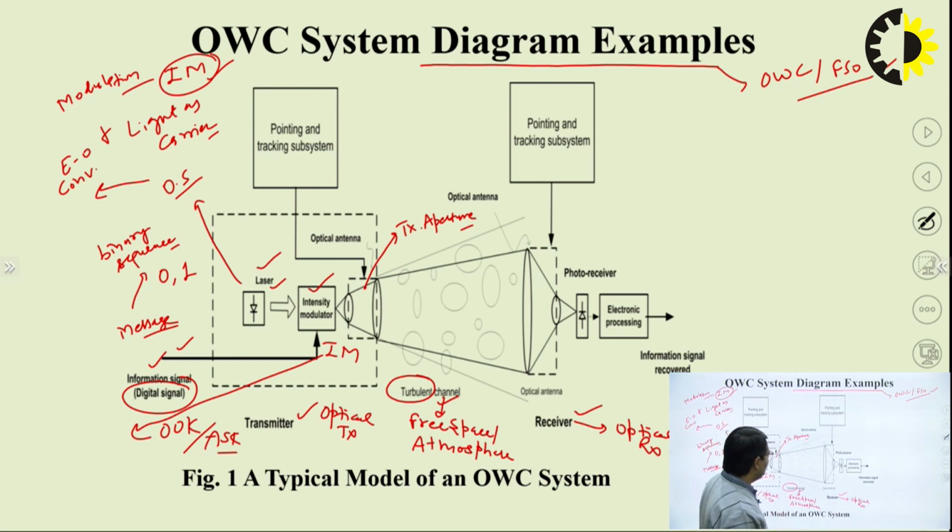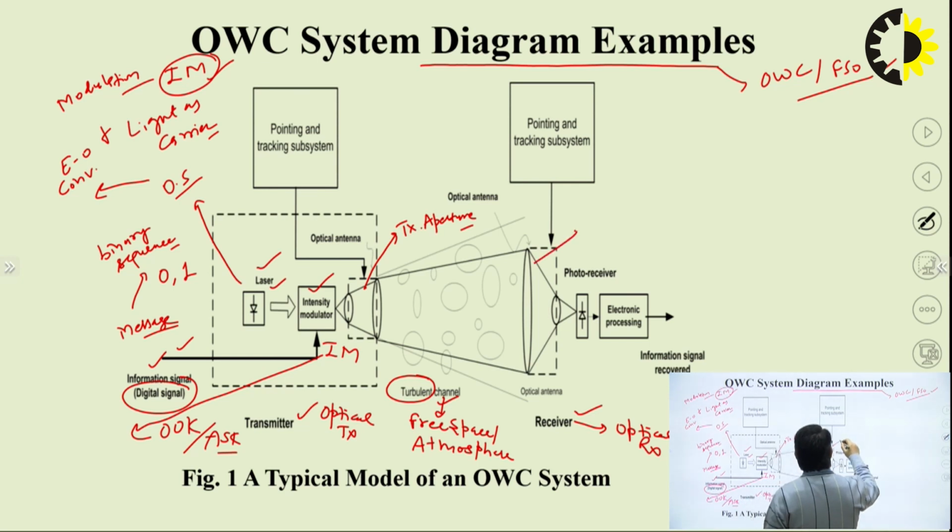On the receiver side, we have the receiver antenna. Along with the antenna, we will have the receiver aperture.